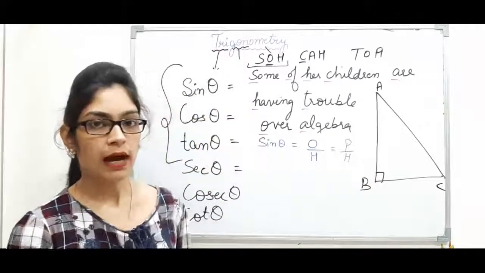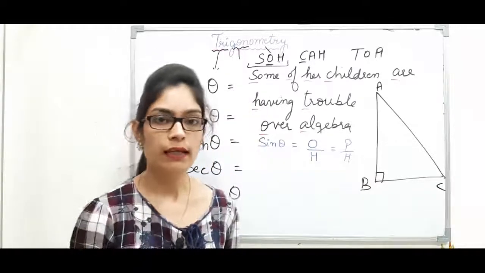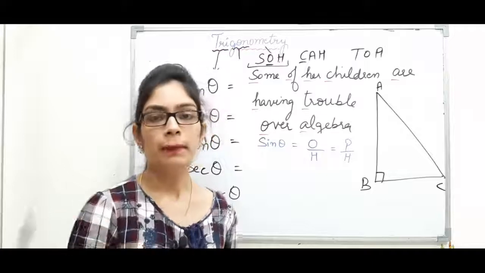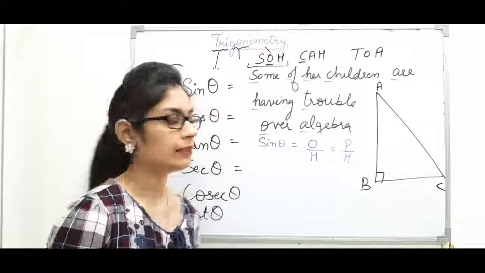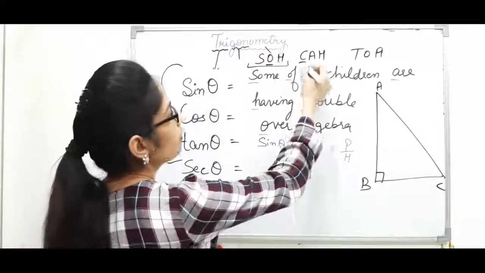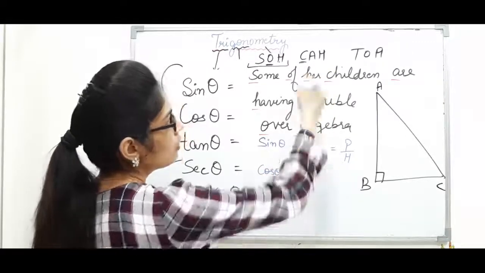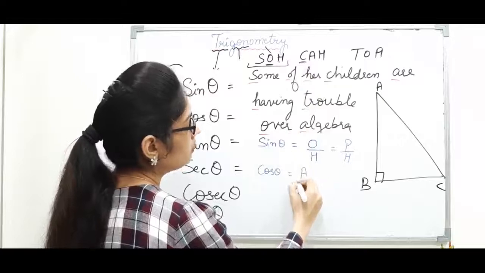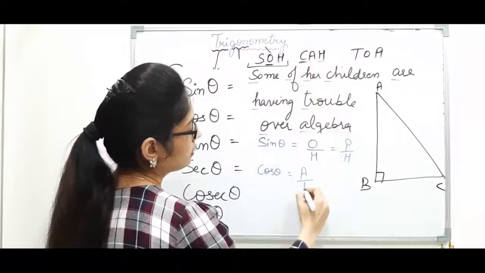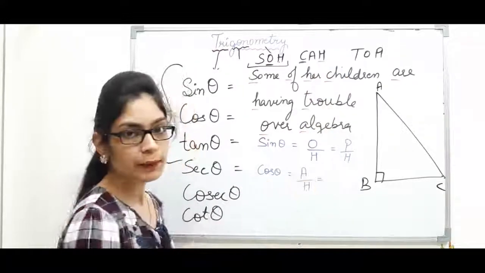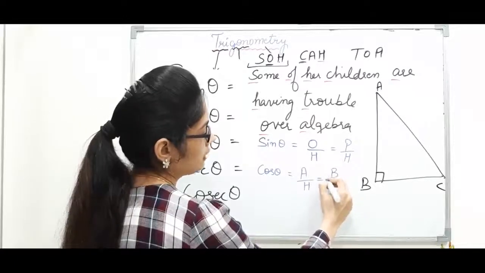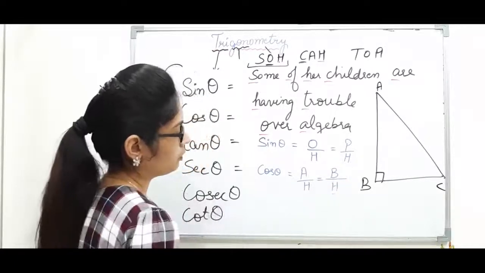Two things you have to remember, and I have already explained them: opposite means perpendicular and adjacent means base. Now C stands for cos theta, A stands for adjacent, and H stands for hypotenuse. Adjacent means base, so this is base upon hypotenuse.